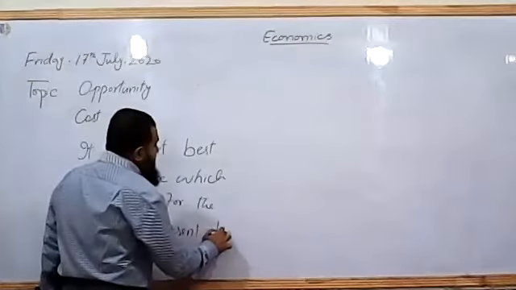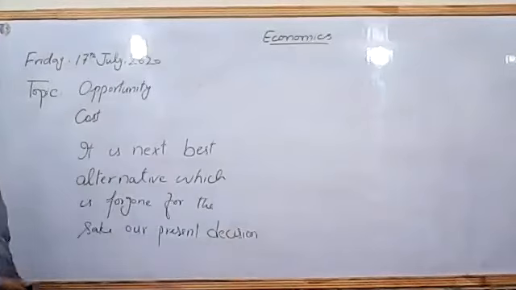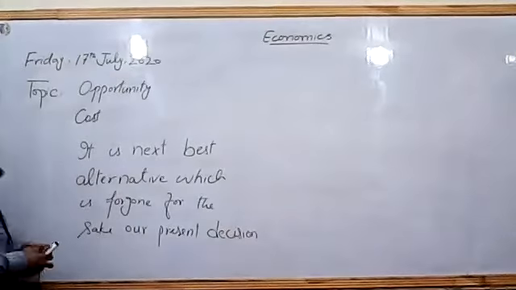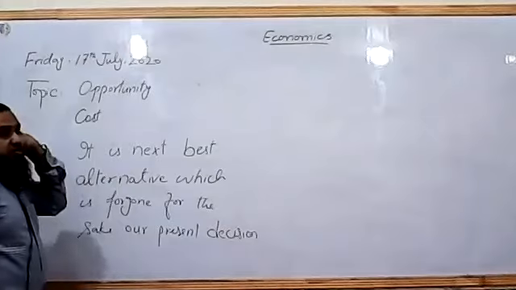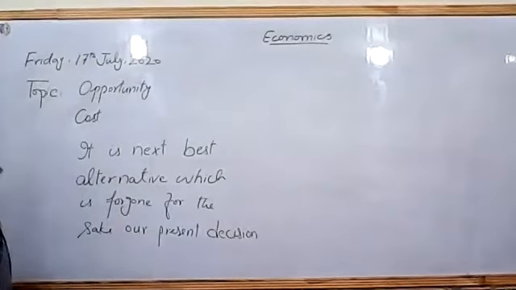Like if I am teaching right now, what other things could I be doing? That was my opportunity cost to deliver a lesson. So we say this is the next best alternative.